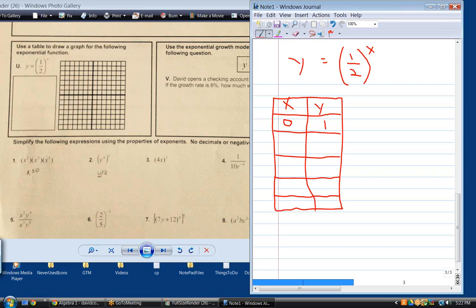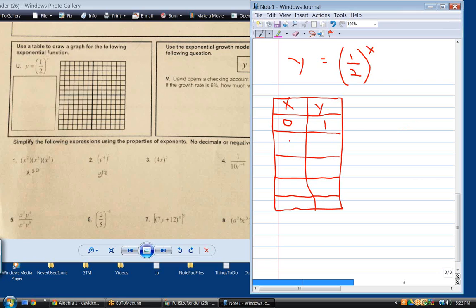I could take 1,000,000 to the 0, it's equal to 1. I could take negative 1,000,000 to the 0, it's equal to 1. And in fact, I could take 0 to the 0 power and it's equal to 1. So the reason 0 is a good first number to try is you don't have to do any math. You know that the moment you plug in 0 for x, y is equal to 1.